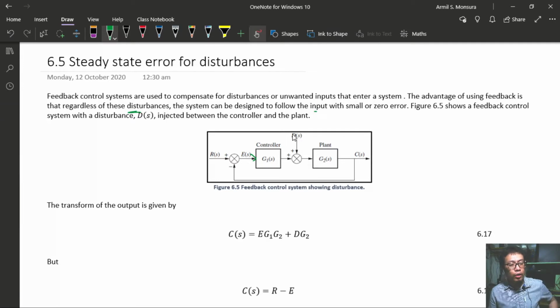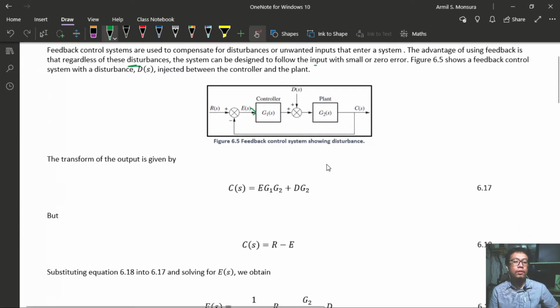Anong dapat nating gawin in terms of your transfer function para sa controller at saka para sa plant, in order for your steady state error for the disturbance signal to be as small as possible. So we will derive the formula to compute the steady state error due to the disturbance.